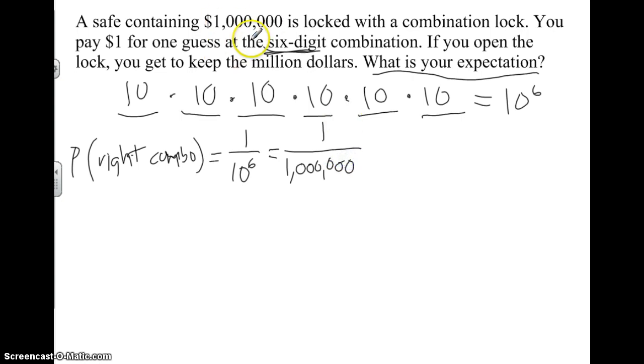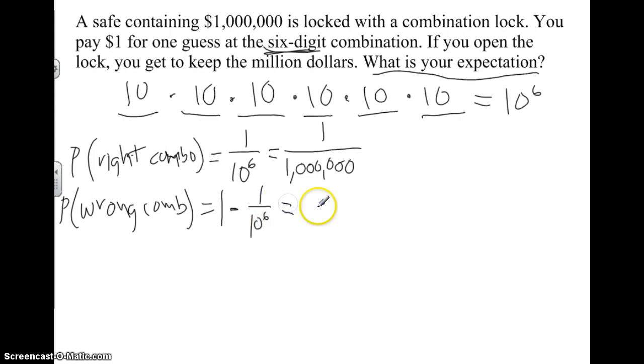And that's just a coincidence that it's the same as the price. Okay, so our probability of getting the wrong combination, like the last problem, where we've only had a positive outcome and a negative outcome, it's the complement. So it'd be 1 minus 1 over 10 to the 6th, which is 999,999 out of 1 million.